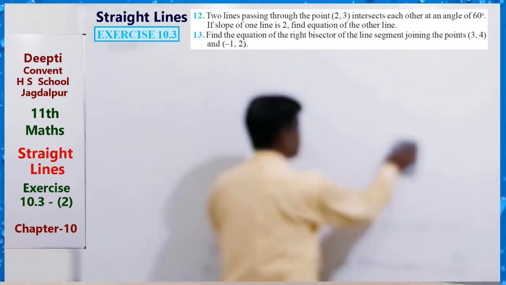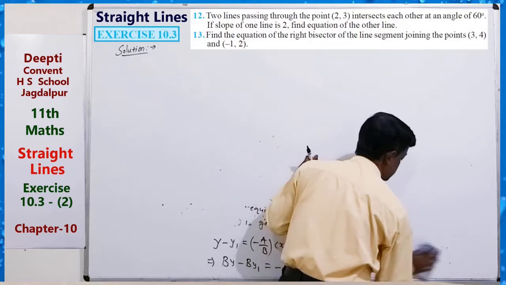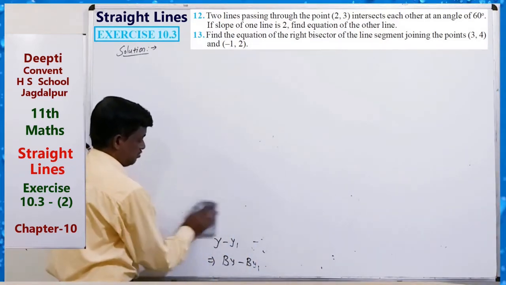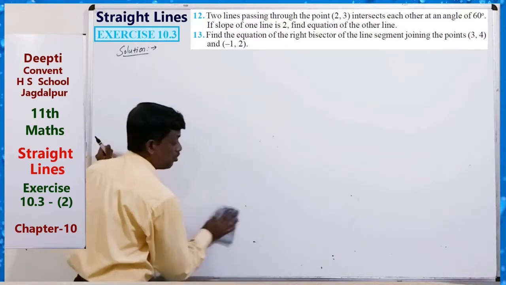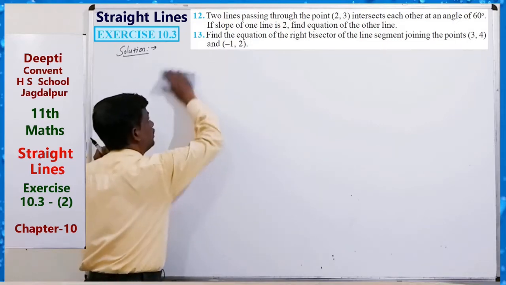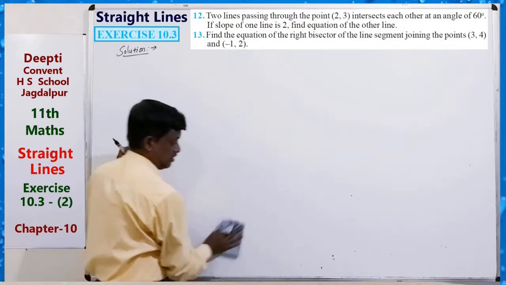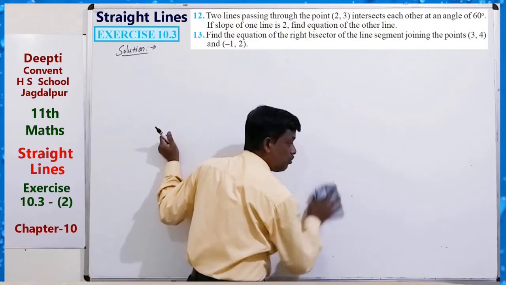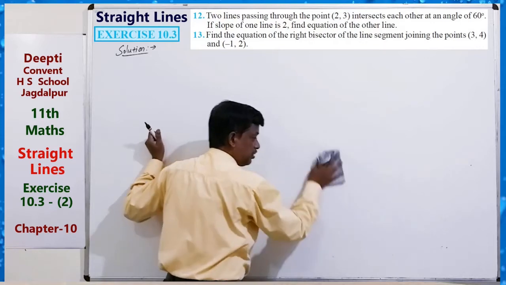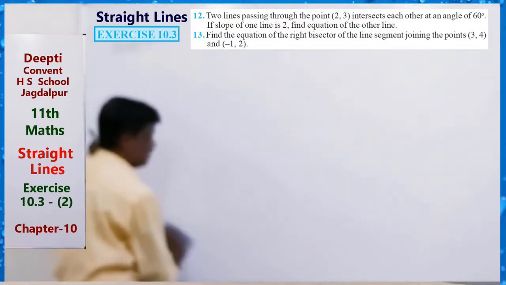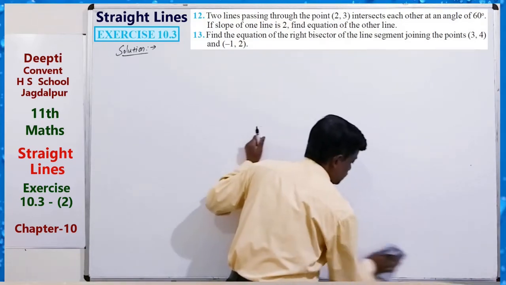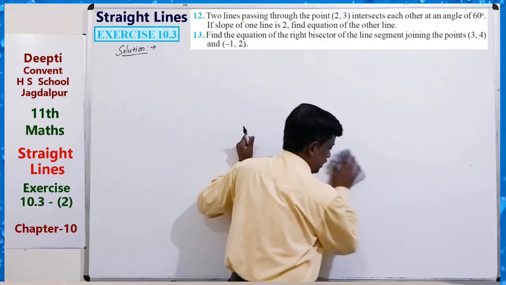That means the angle between the two lines is 60 degrees, that is tan 60 equals m1 minus m2 upon 1 plus m1 m2. We can use this. But we require the slope of the line. Also, if the slope of one line is 2, find the equation of the other line.